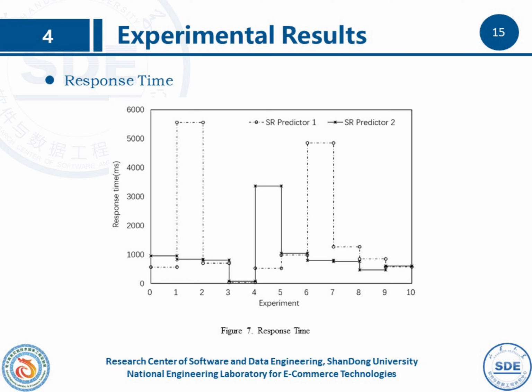As shown in Figure 7, the addition of new data improves the usability of the method. Although there are still 2 experiments with SR predictor 2 whose response time does not meet the requirements, the effect of the updated predictor is still significantly improved. Above all, the effectiveness of the iterative feedback mechanism is validated by the experiment results.